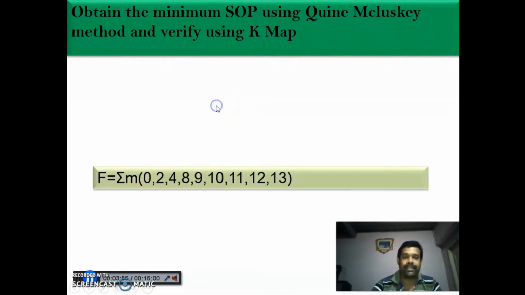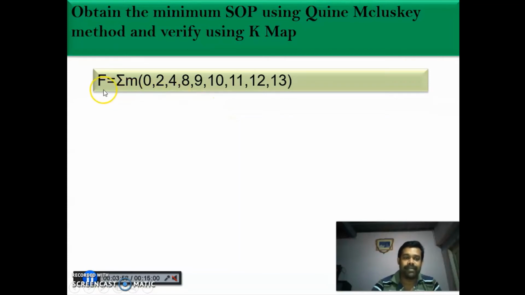The question is F is equal to summation of m 0, 2, 4, 8, 9, 10, 11, 12 and 13. The given question is in SOP, since you are having summation here.